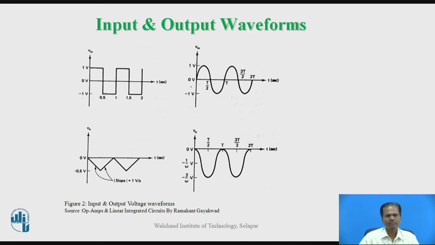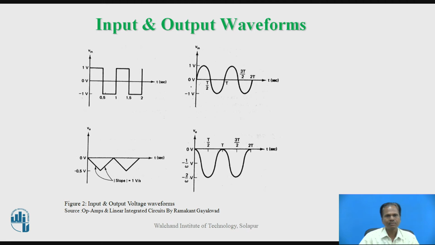Now this figure shows the waveforms for the input voltage signal and output voltage signal, considering two types of input signals. When the input given to the op-amp integrator is a square wave voltage signal, the output voltage signal will be a triangular wave.